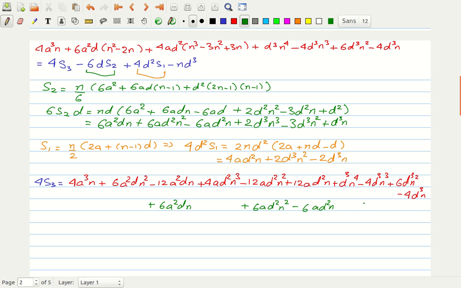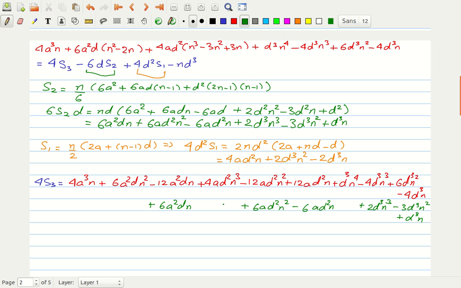D cube n cube is here, plus 2 d cube n cube minus 3 d cube n square plus d cube n, lined up with this one, plus d cube n.